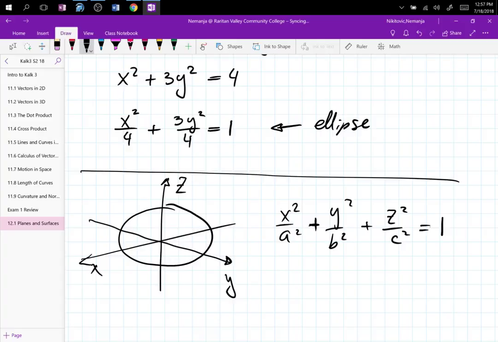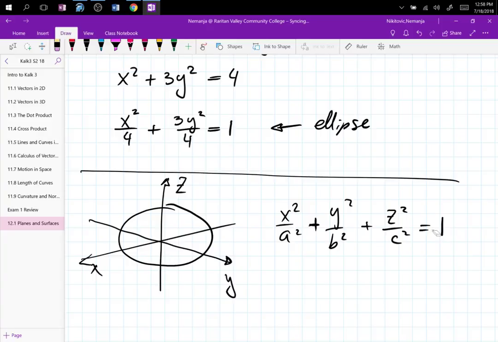So now, all three traces for this particular shape are ellipses. If you remove the x variable, you are left with y squared over b squared plus z squared over c squared, that's an equation of an ellipse, right?